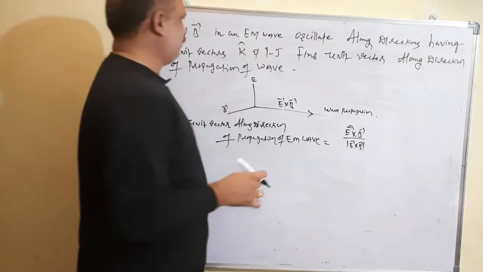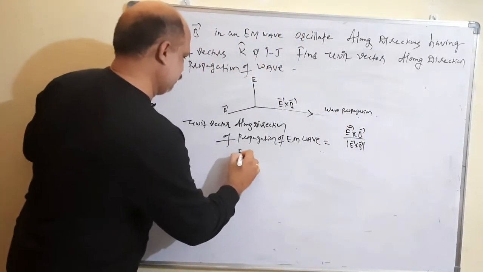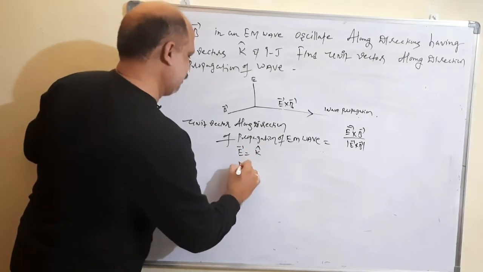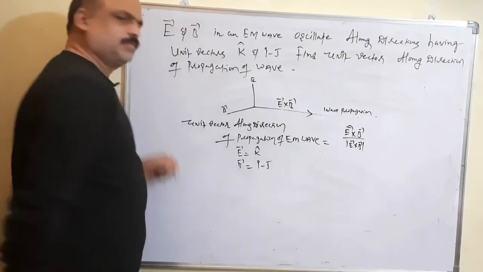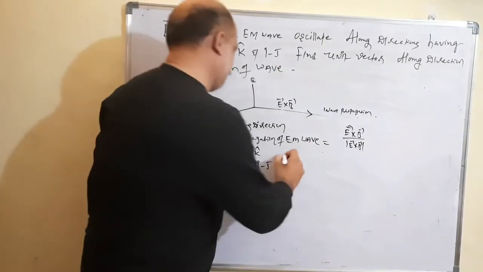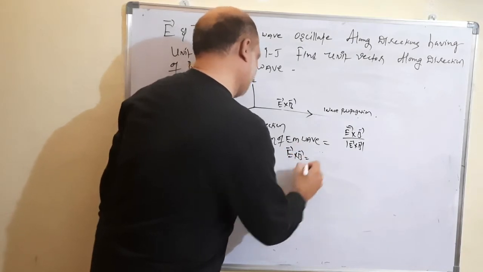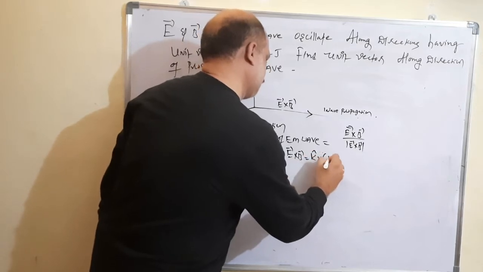Now here, what is given? E bar is equal to k cap, B bar is equal to i minus j. Now E bar cross B bar is equal to, what do we write here? k cap cross (i minus j).